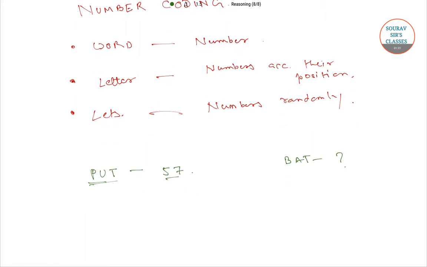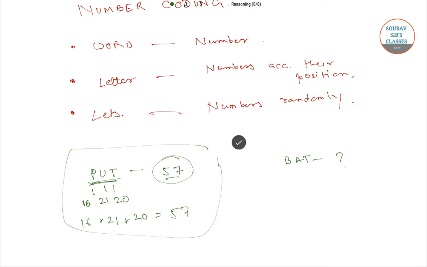Now if we find the forward order letter positions of P, U and T, the position value of P is 16, U is 21 and T is 20, and 16 plus 21 plus 20 equals 57. So what is happening here is that we are adding the forward order position values of the letters.